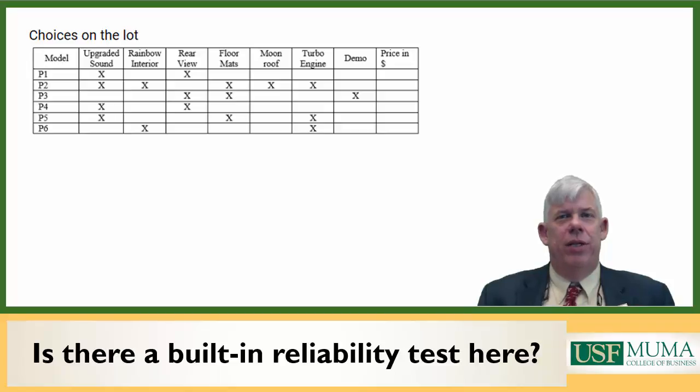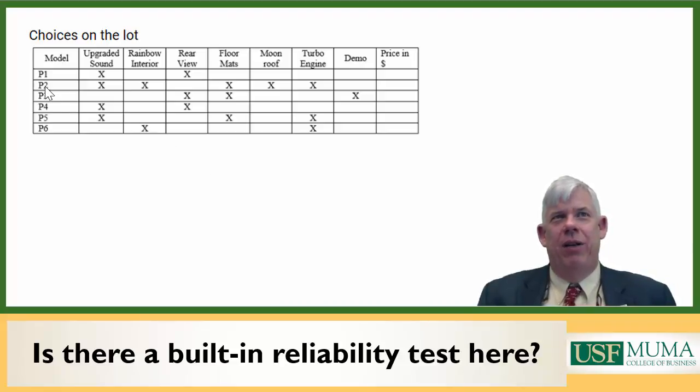So, as I mentioned, reliability is essentially the degree to which the same stimulus produces the same response every time you give it. And in the case of a survey, reliability would be the degree to which a question asked in different ways produces the same response, or asked the same way.